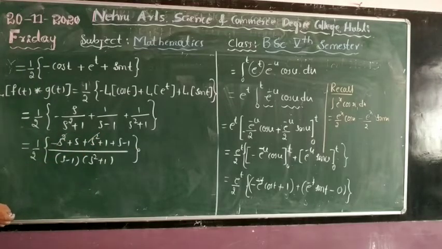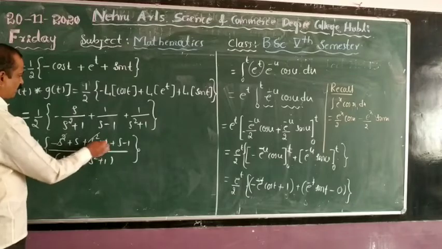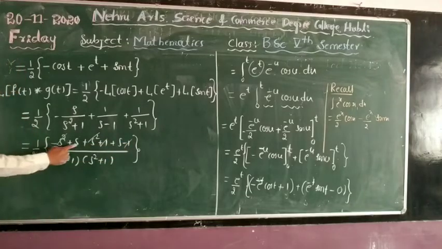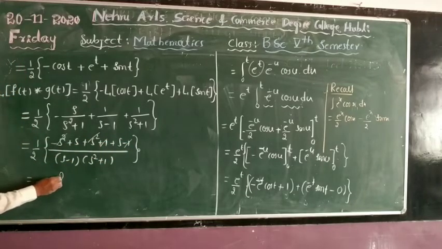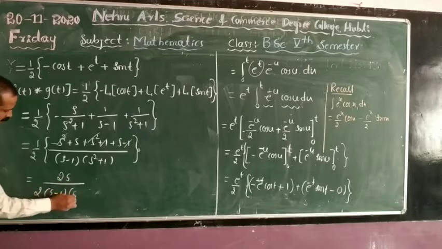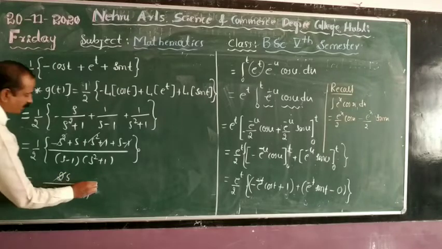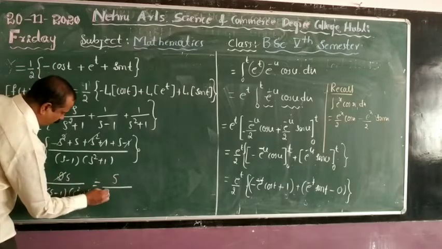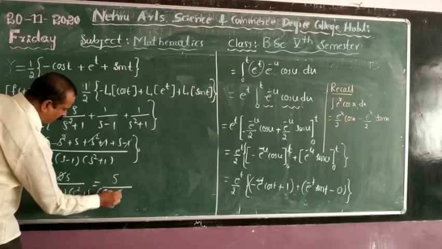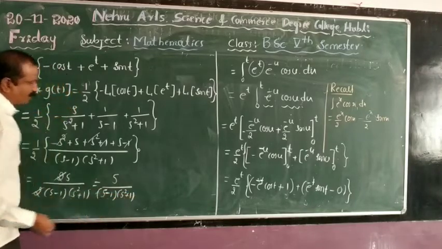Cancel the s square and minus s square as well as minus 1 and plus 1. So here it is 2s in the numerator, already the denominator is 2 and s minus 1 and s square plus 1. 2 and 2 cancelled. We have s divided by s minus 1 into s square plus 1.